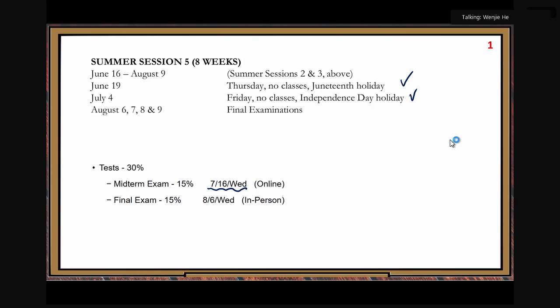Later at some point, I will give you what kind of questions, the arrangement, the assignment details, that kind of detail I will delay to an appropriate time. So these two tests, 15% each. The weight, pretty big. We know important.